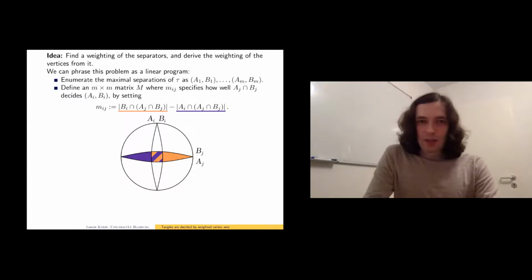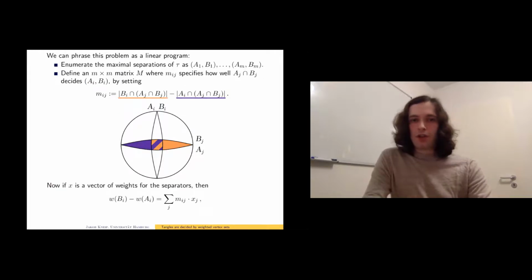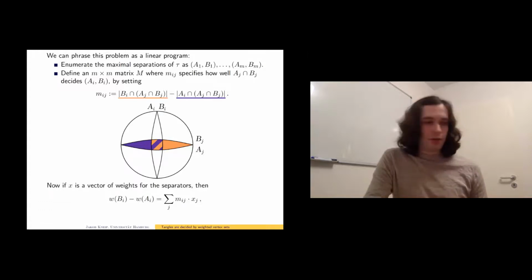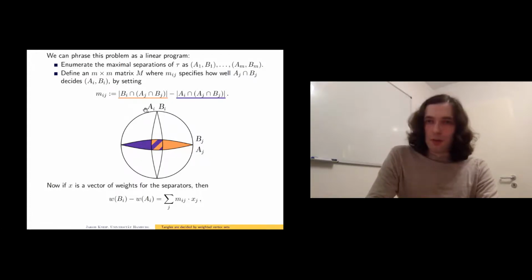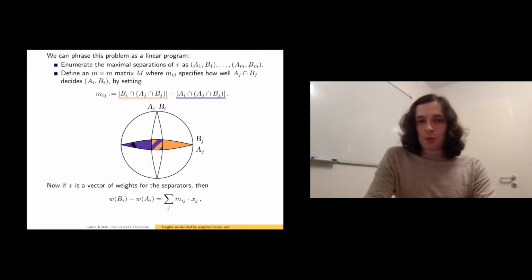So say that we have a vector x in which we have encoded the weights that we want to distribute among the separators x1 to xm. And I'm now interested in the question whether for this ith separation Ai, Bi, I indeed have higher total weight on the B side than on the small side, the A side. So I want to compute the total weight of Bi minus the total weight of Ai.